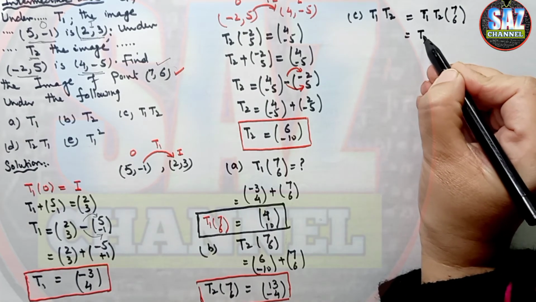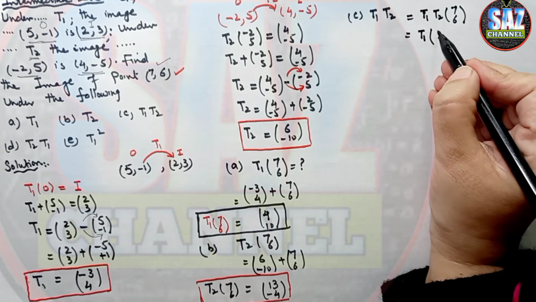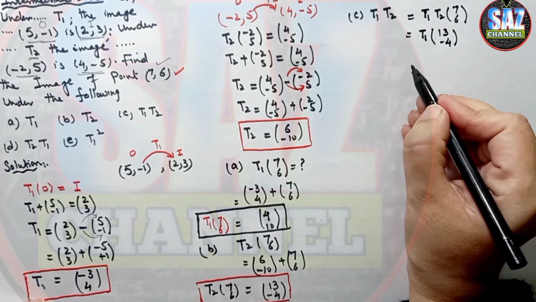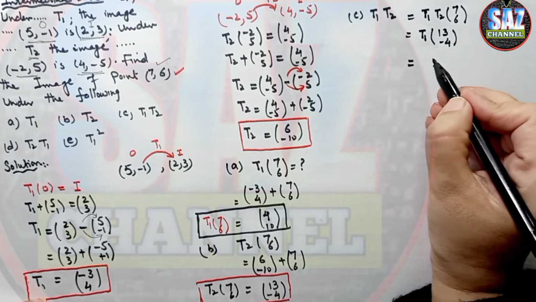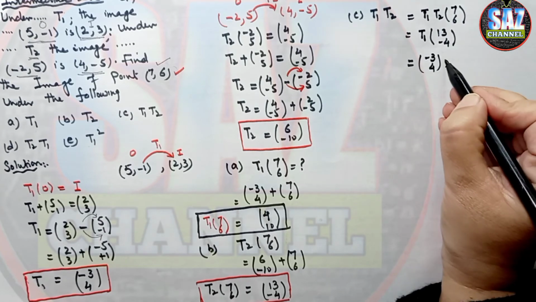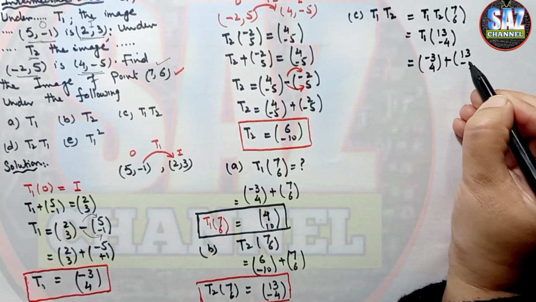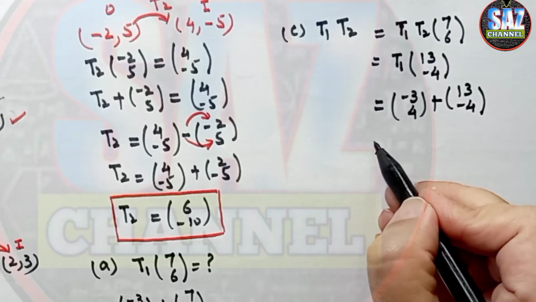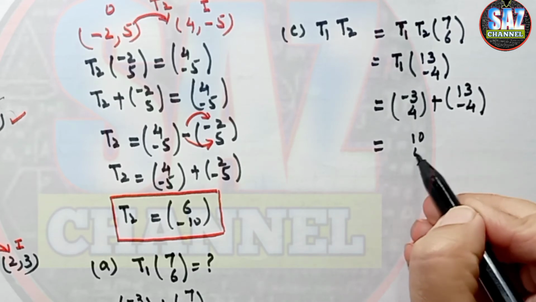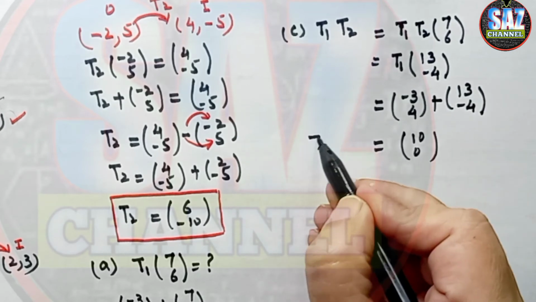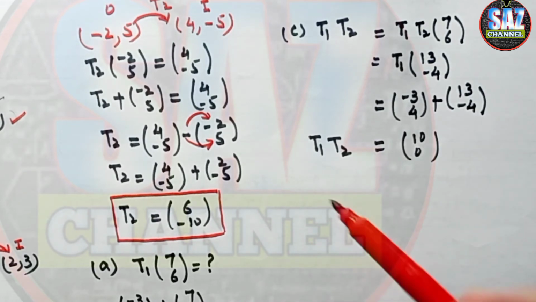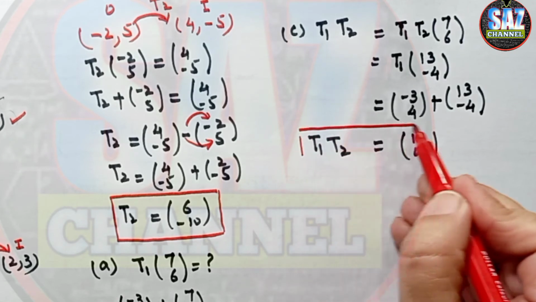It means that I have to apply T1 on (13, -4), and T1 vector is (-3, 4) plus (13, -4). 13 minus 3 is 10 and 0, and this is T1 T2 of (7, 6). And let me block the answer.